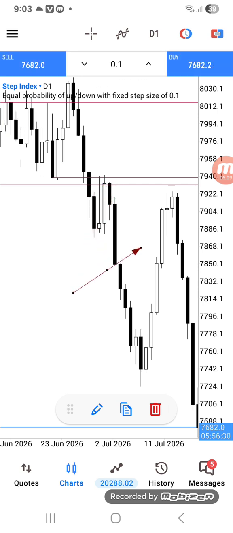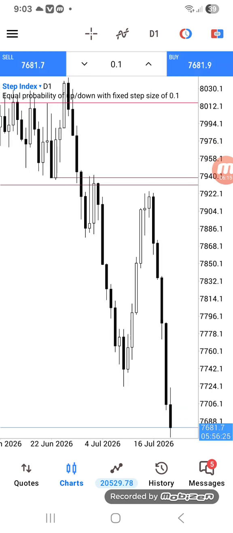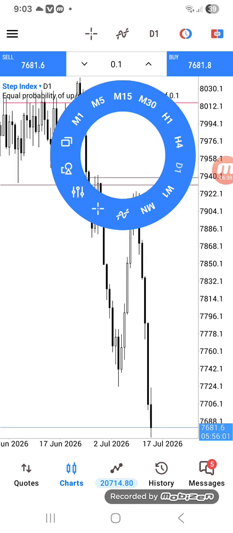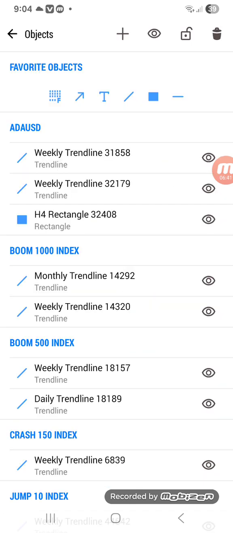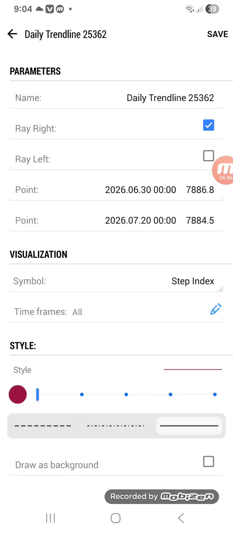This level has been respected, and now you can see we have another breakout here. It is not a weekly breakout, we have a daily breakout also.